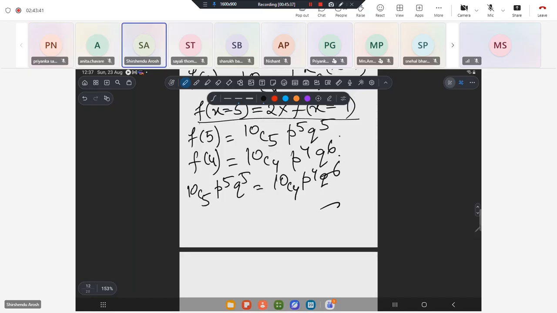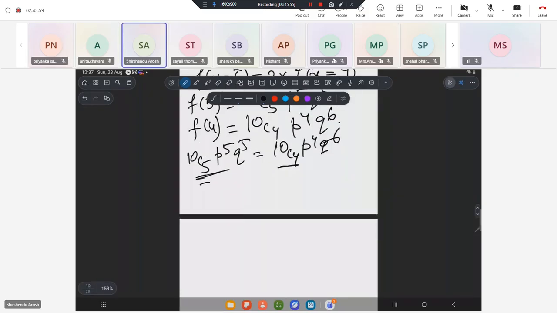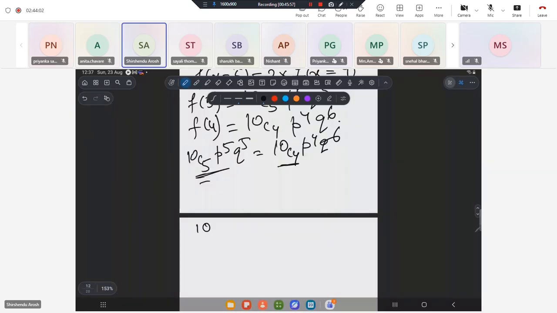So how can I write like this and this? So let's expand this: 10 factorial by 5 factorial, 5 factorial, p to the power 5, q to the power 5, and 10 factorial, 4 factorial, 6 factorial, p to the power 4, q to the power 6.